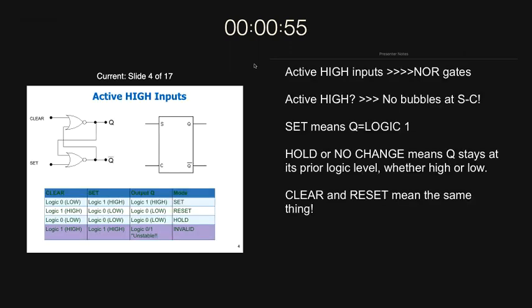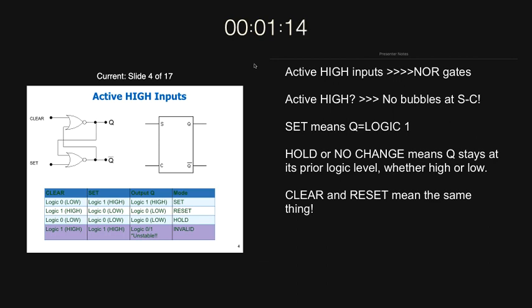So we have two flip-flops that we can use to make an SC flip-flop. One utilizes cross-connected NOR gates.